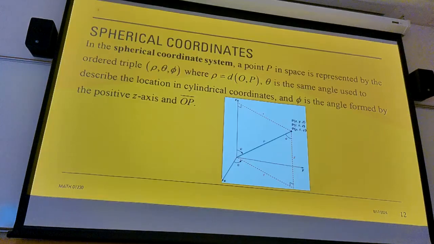Is it between negative pi over 2 and pi over 2? Right size, but not typically what we use. That's not incorrect. Pi and negative, or, no, sorry, 0 and pi. 0 to pi.